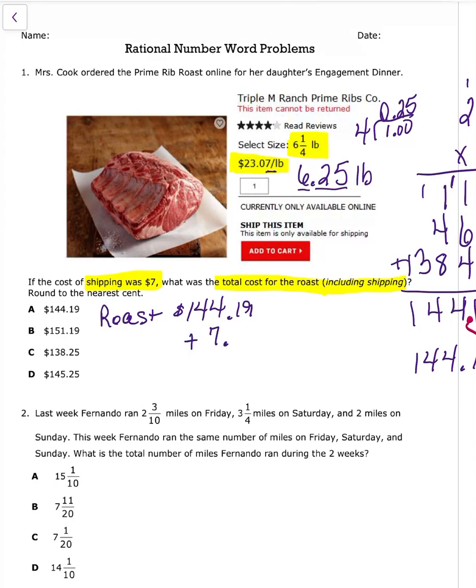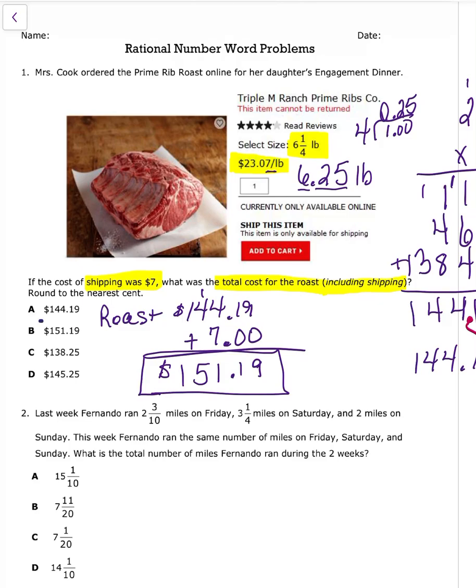Now, if we're adding, we definitely have to line up our place value, because we have to add ones with ones. All right. So if the cost of shipping was $7, what was the total cost of the roast, including shipping? So have we answered the question? Will this be the total cost for the roast, including shipping?